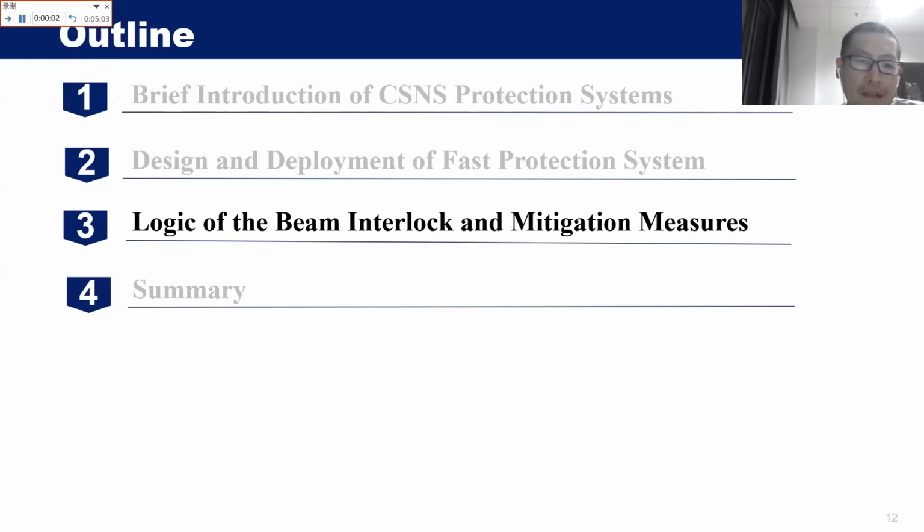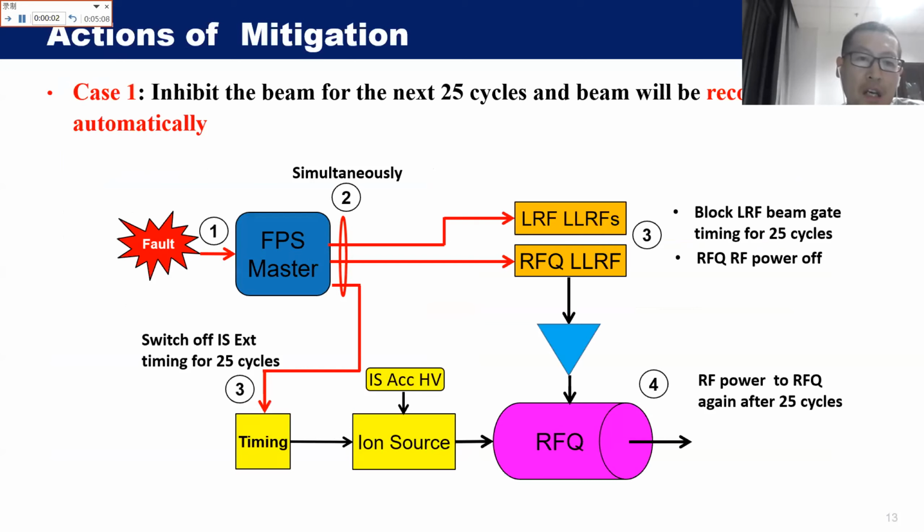Let's start with the logic part. As mentioned before, the input signals have two kinds: one is pulsed, the other is latched. So two kinds of beam interlock logic were designed, and different actions should be carried out. One is the mitigation interlock.